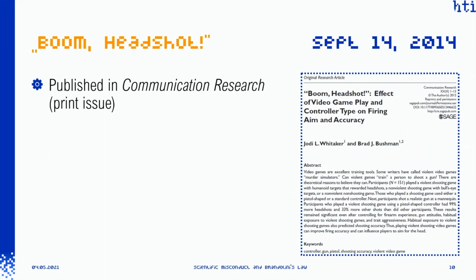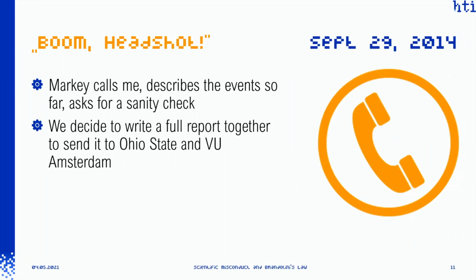And so this is where Markey gets a bit frustrated, and he decides, for whatever reason, to call me and describes the events that have happened so far, and asks basically for a sanity check. Whether I agree that what he observed in those data raises suspicion for me as well.